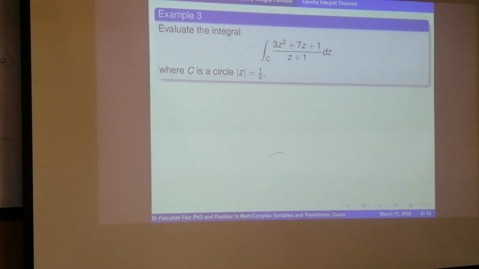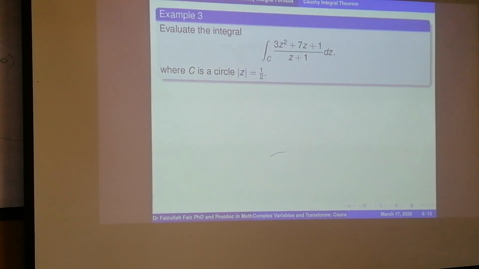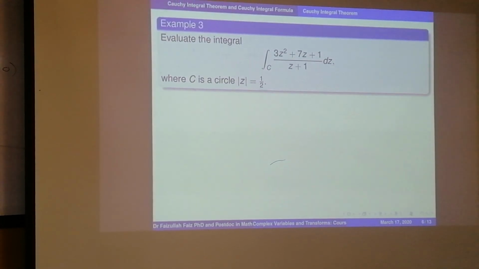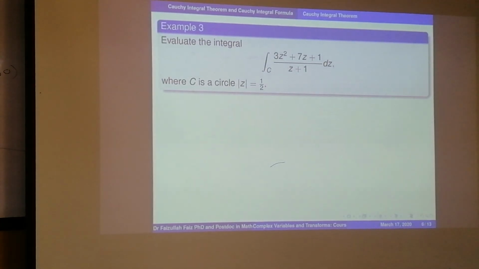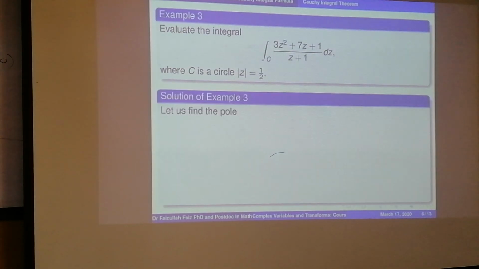In this question you can see that the function is a fraction. So we have to find the root: z + 1 = 0, and from this we get z = -1. Then we have to show that -1 lies outside of the circle, or the closed curve, which is given as |z| = 1/2, as you can see from the slide.